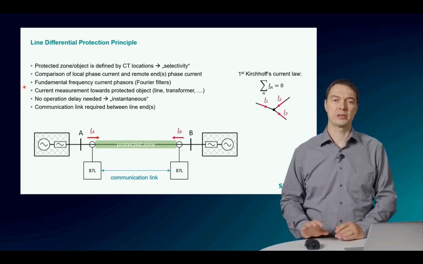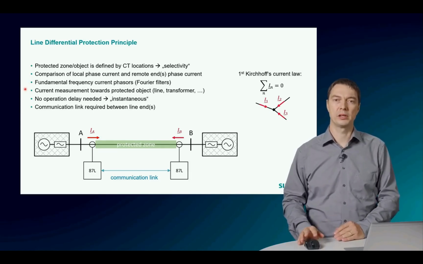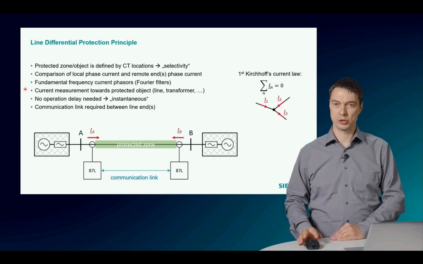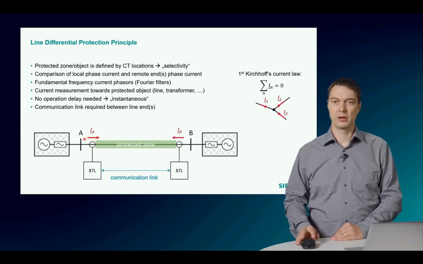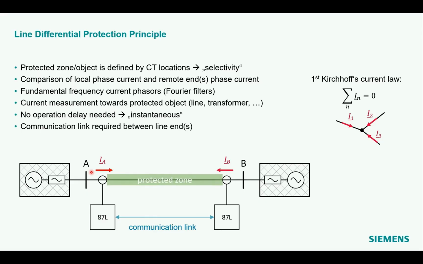The current measurement is normally defined towards the protected object, which is shown in the figure with the arrows pointing towards the protected object or into the line. There is no need for an operational time delay, so an instantaneous operation is obtained by this protection principle.